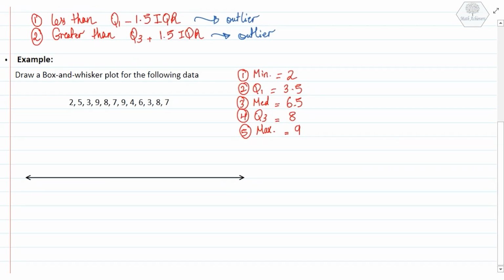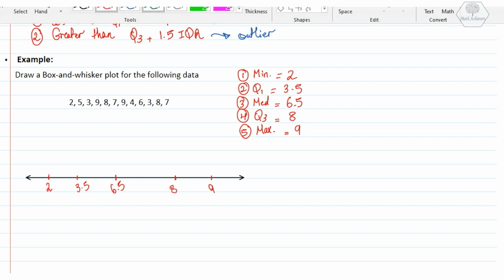Let's now have the values on the number line. We have the minimum value to be 2 in here. We have the maximum value to be 9. We have Q1, 3.5. We have the median to be 6.5. And we have Q3 to be 8. So now let's draw our lines.